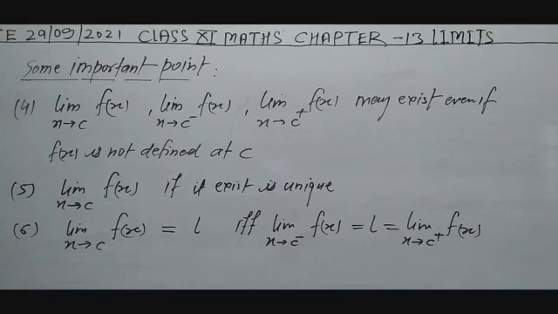If left hand limit of the function is equal to the right hand limit of the function, that will be equal to the value of the function at a given point. This is the small number L, and this will be continuous. If left hand limit, right hand limit and the value of the function at a given point are equal, then this is said to be continuous.